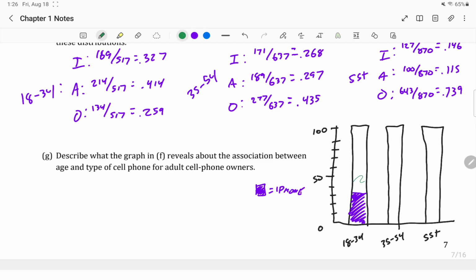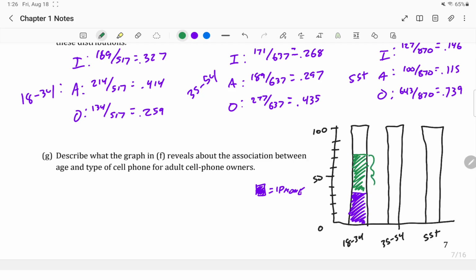Now don't go up to 41% and do this. That's not what you do. You do 41% on top of the 33%. So this is going to be 74%. So I need to go up to 74%, which is about there. And this whole thing is Android, right?